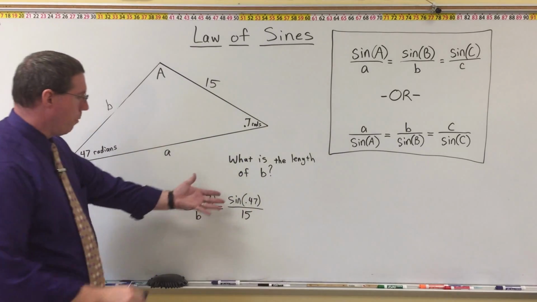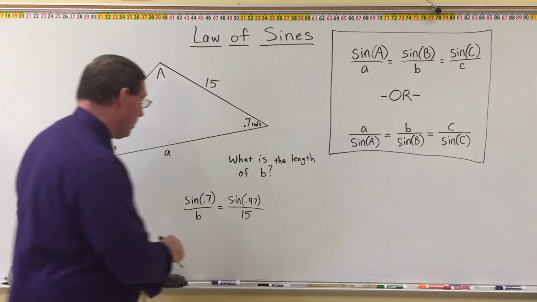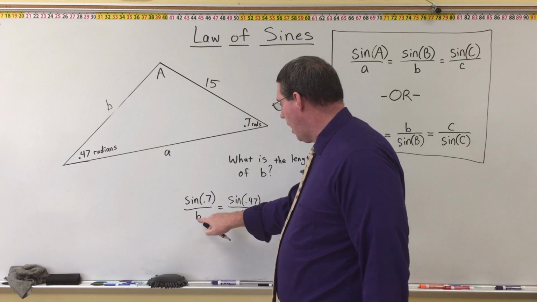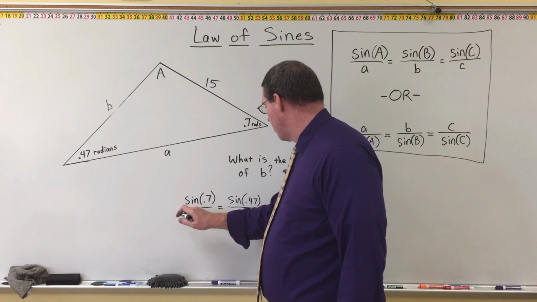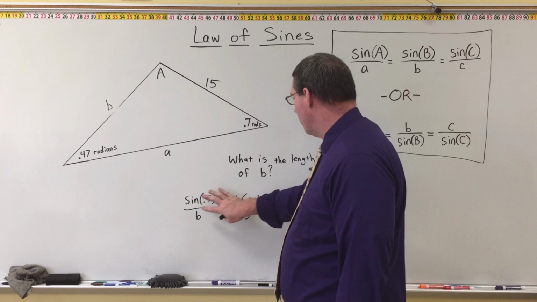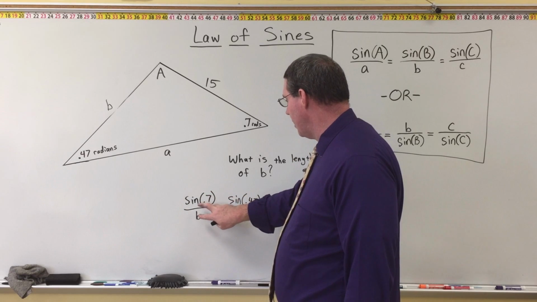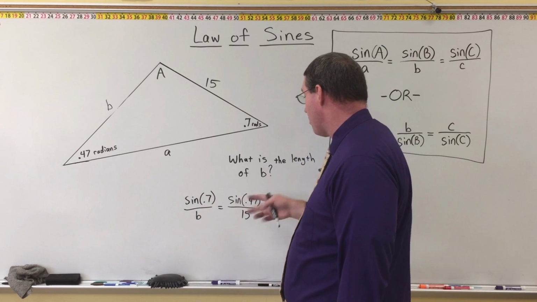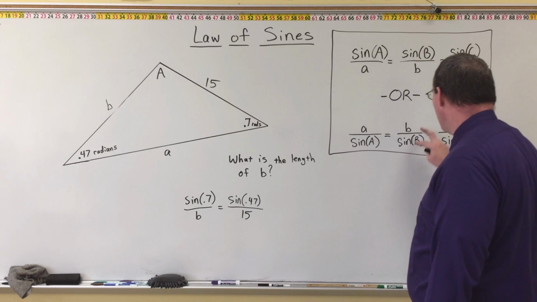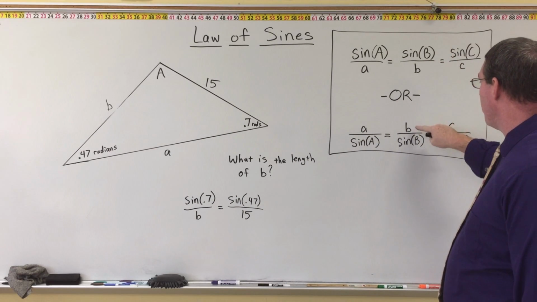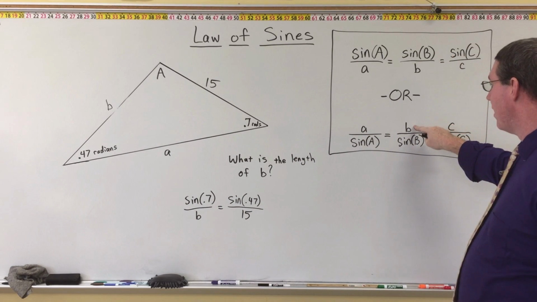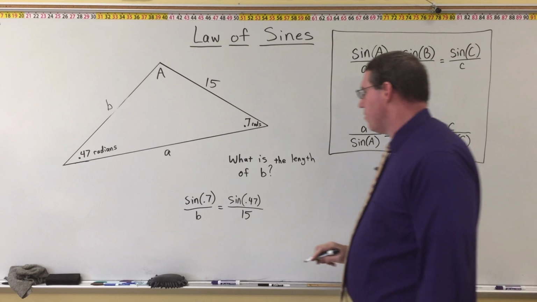And now I've just got a proportion, an equation, and I'm just going to solve it. I'm going to multiply by B on both sides. Well, sort of. Actually, there are a couple of ways I can do it. I can flip this over. If I use this one instead of this one, where my solution variable is in the numerator, it makes it a little easier to solve.